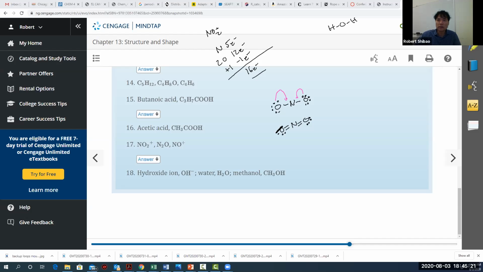Formal charge, we count the electrons, 1, 2, 3, 4, 5, 6. 6 electrons on oxygen. Oxygen is supposed to have 6 electrons. Since oxygen came out even, we'll just say it's a 0 formal charge. It contributed 6, it got 6 out.